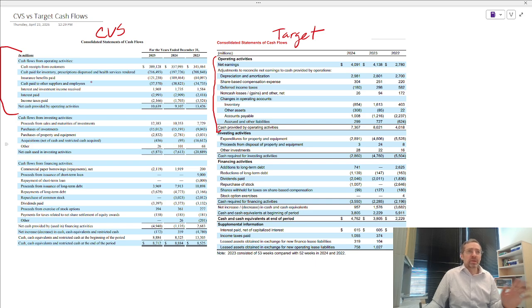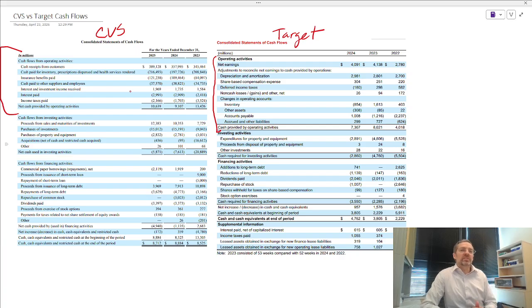I know this includes payments to suppliers as well, but it includes their employees. And so I can say, well, it's $37,000. Pretty easy to find that. How much cash did they pay for income taxes? Well, that's $2,000. I know this is in millions, so that's $2 billion. Or how much did they pay in interest? All of these questions are very easy to answer.